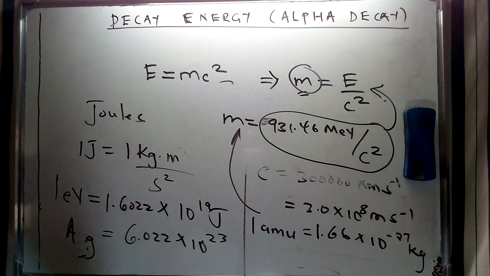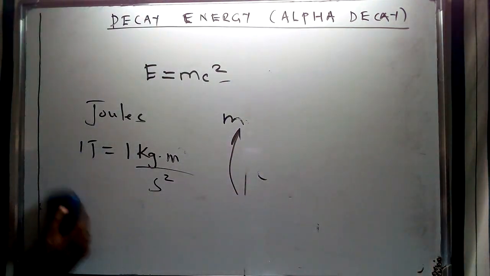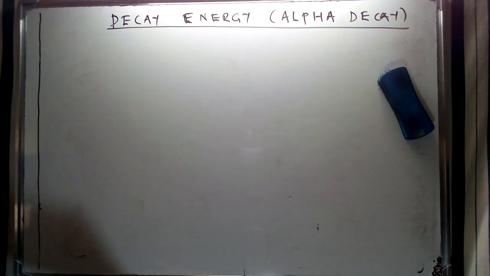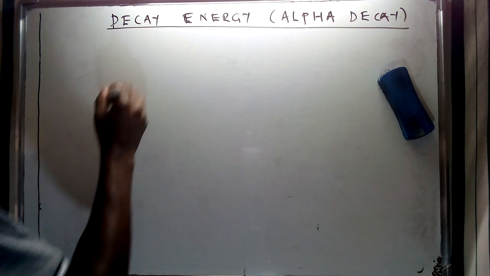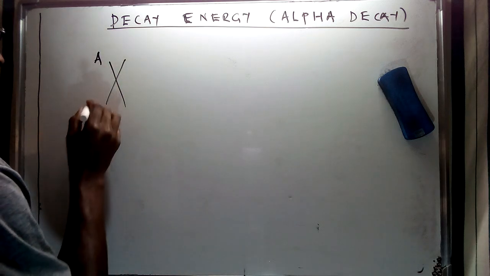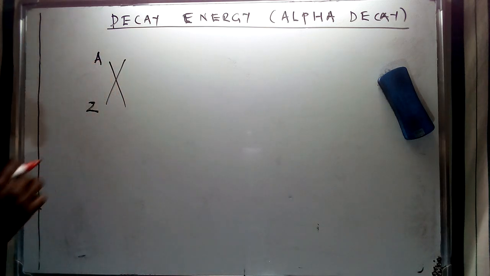Going forward, having discussed the various concepts we have learned before in relation to the decay energy, I'm going to give an illustration of the general description for the alpha decay that we gave in our first discussion. We can represent the alpha decay using this general representation for an atom with mass number and atomic number.